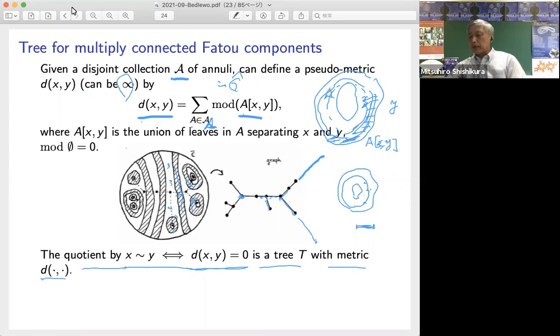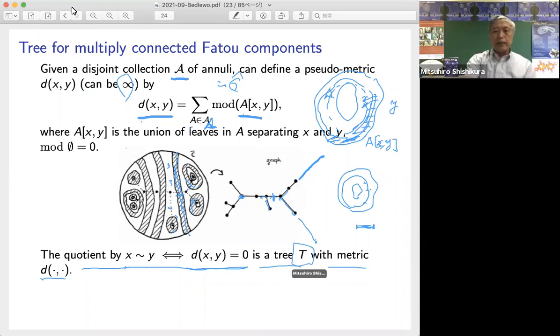Because if you take a leaf, the circular leaf here, that separates the sphere into two components, that means a point in this segment will cut this quotient into two disjoint spaces. So you cannot have a loop in this set. So the quotient space is a tree.